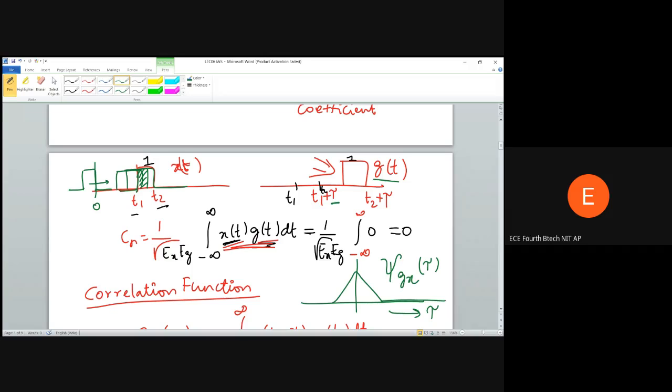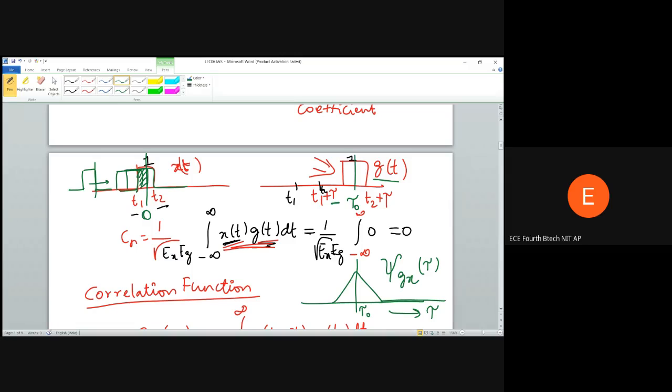Even if I consider the 0th location somewhere over here, let me assume it is exactly at the center. If this is the 0th location, and this is t1 to t2, let this be some tau. Let me call it tau naught, because tau is a variable, so you are going to get the peak at tau naught.